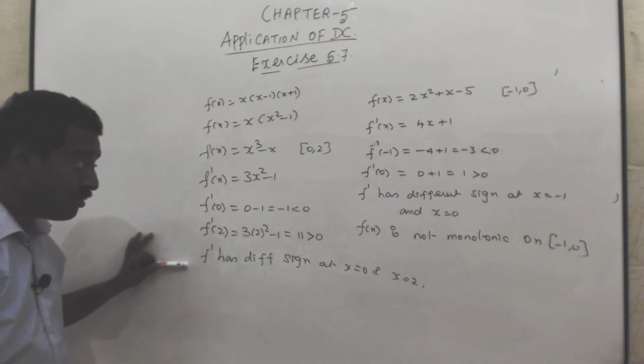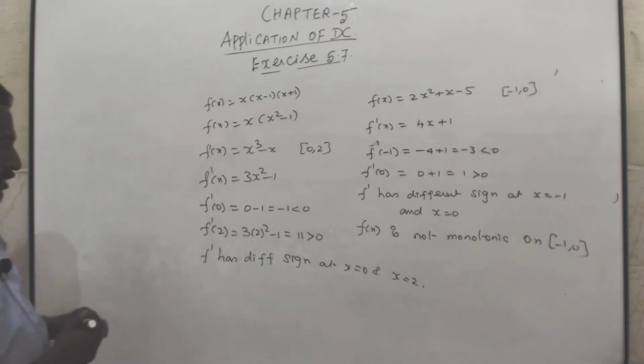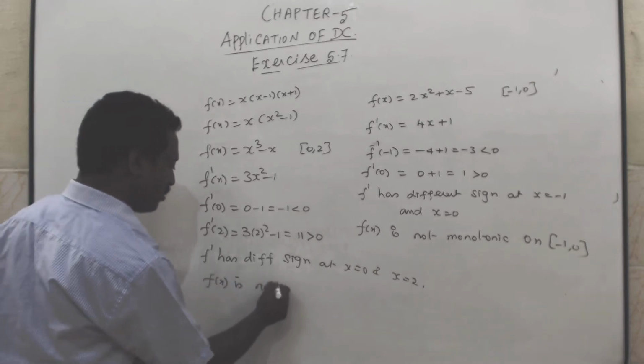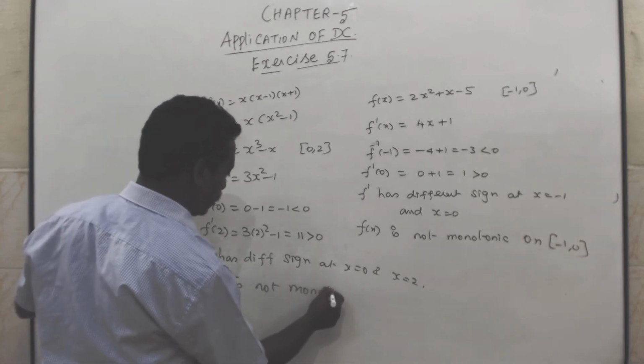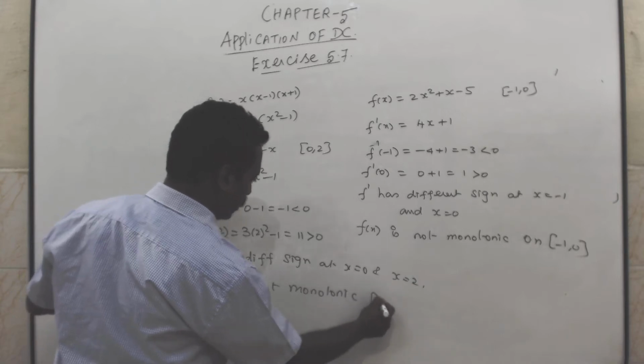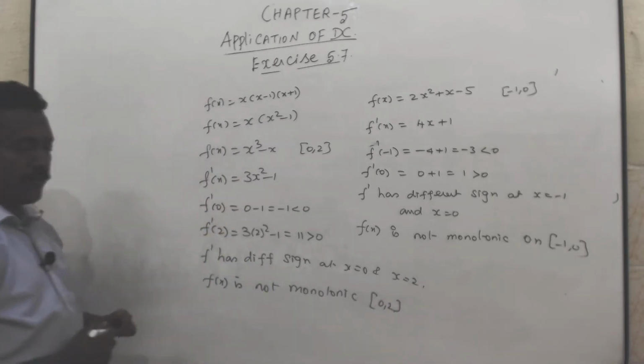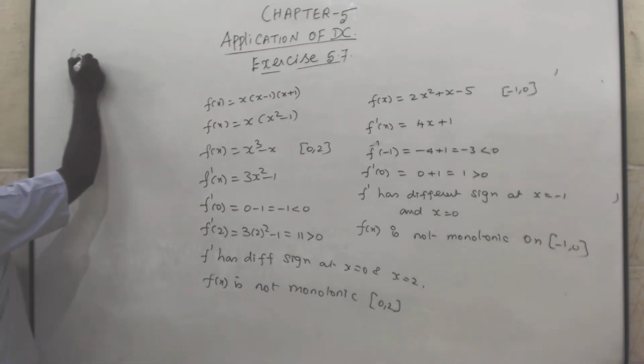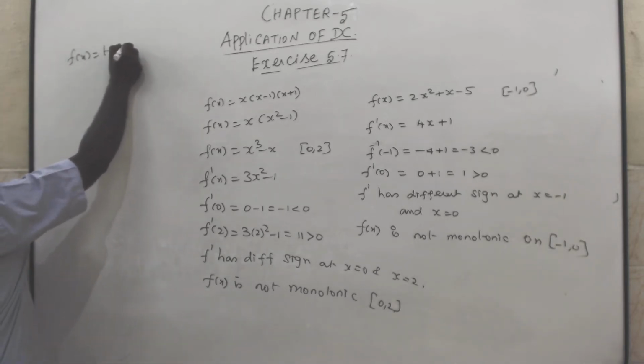Therefore, it is not monotonic on the interval 0 to 2. F of x is not monotonic in the interval 0 comma 2. Is it clear?